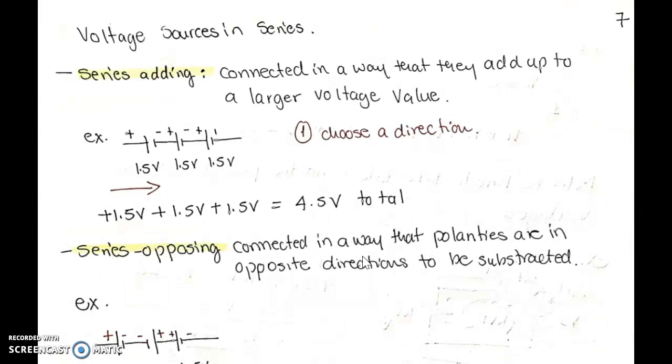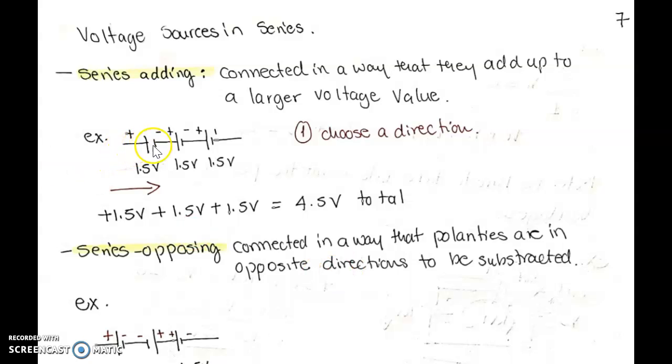Voltage sources in series. We have two different configurations for voltage sources in series. We can have a configuration called series adding, where the voltage sources are connected in a way that they add up to a larger voltage source value. That is the case we have for our TV controller, where we have two different batteries and they are aligned in a way that when you add 1.5 plus 1.5, you get a total of 3 volts rather than 0 volts, as we are going to see.